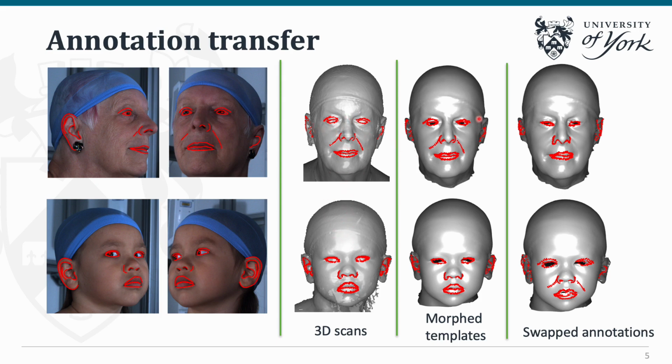Then we do the morphing, and we hope that annotations tend to hit the same vertices on the templates irrespective of these really big shape differences between different subjects. One way of testing that qualitatively is just flipping the annotations between the 2 subjects, which is what we do in the final column on the right here.